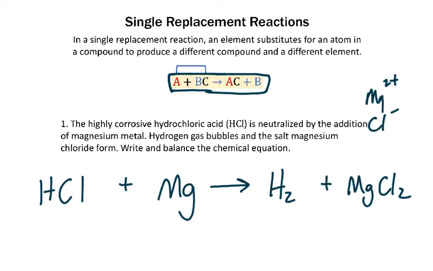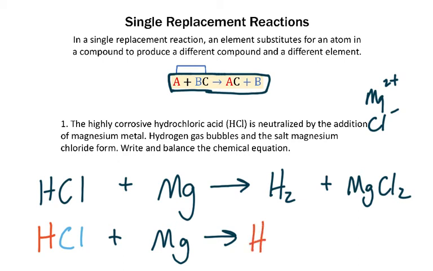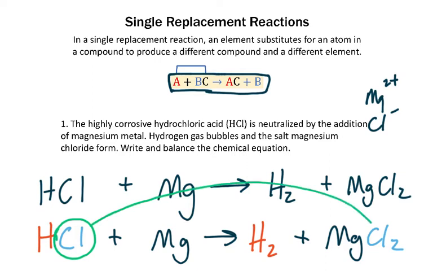Let me rewrite this. So I have HCl plus magnesium, then forms H2 plus MgCl2, right? And you can see that the chlorine, which was bonded to the hydrogen, swaps out and is now bonded to the magnesium.